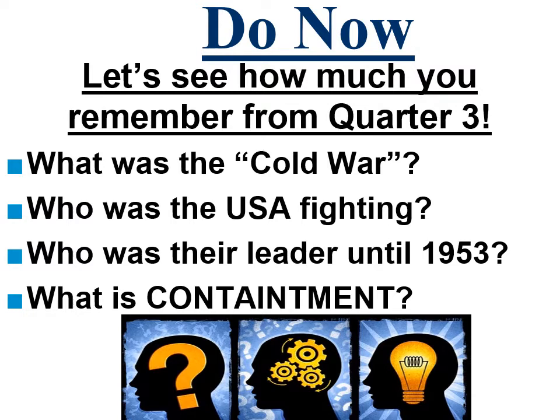And we are going to see this fight take us to many different places, all the way up until the early 1950s. They are going to have a leader by the name of Joseph Stalin. And Joseph Stalin is going to pass away during the Eisenhower administration, and a new leader is going to take over.